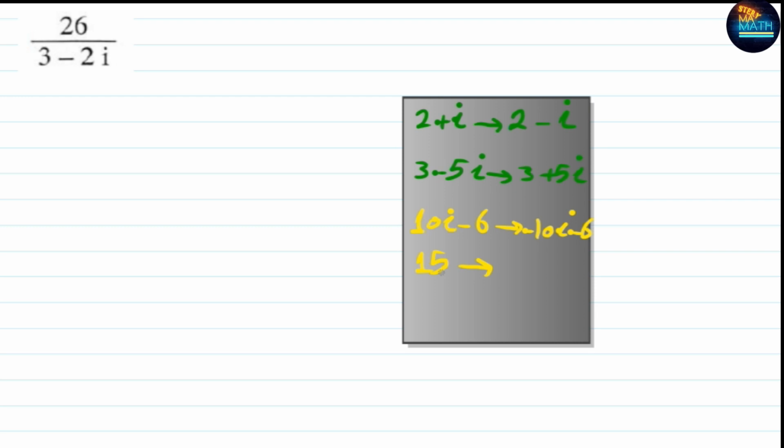It's just 15, the same. Negative 7i, this is an imaginary part, so just change the sign of the imaginary part, it becomes 7i. So here in this denominator, 3 minus 2i, the conjugate of this number is 3 plus 2i.